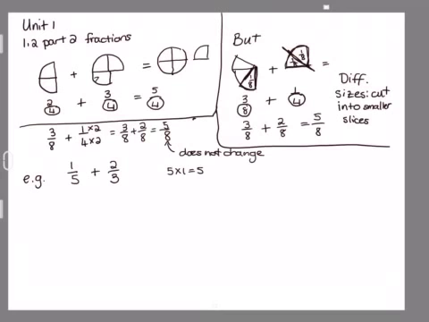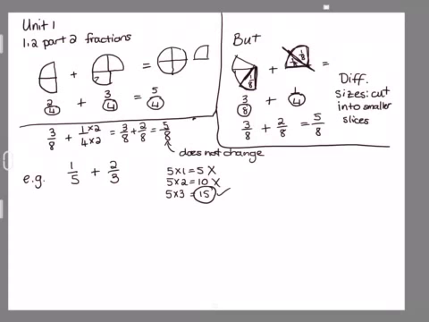Then look at the 3. Does 3 go into 5? No. Do 5 times 2 is 10. Does 3 go into 10? No. 5 times 3 is 15. Does 3 go into 15? Yes. So now I know I need a denominator which is 15.